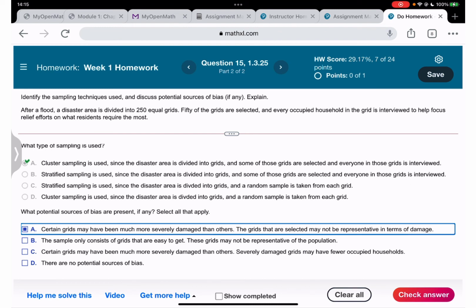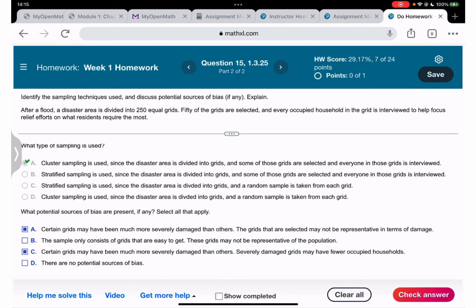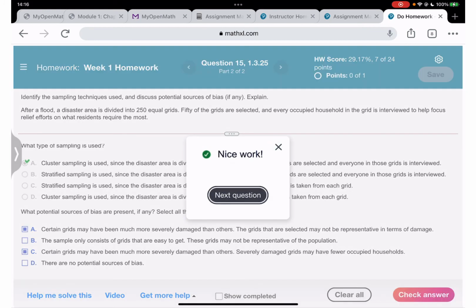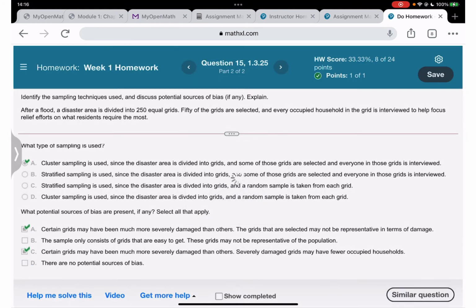Also this one. The answer that says there are no potential sources of bias is eliminated. You never know, right? And the sample only consisting of grids that are easy to get is also not the case. Nice work.